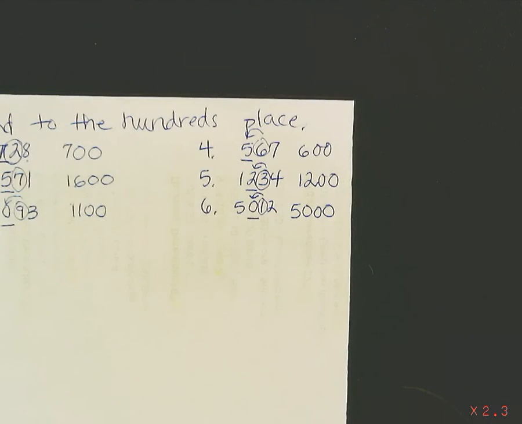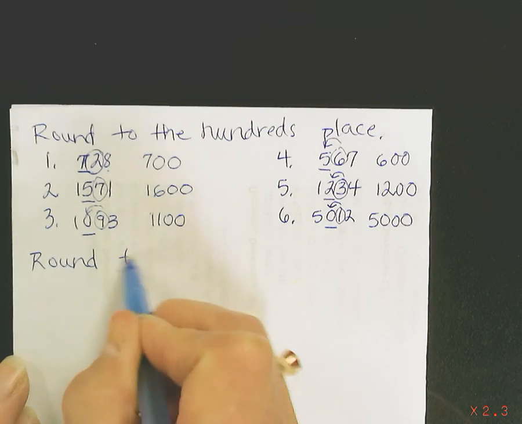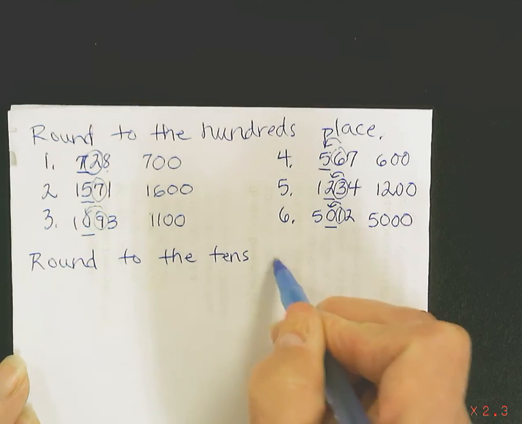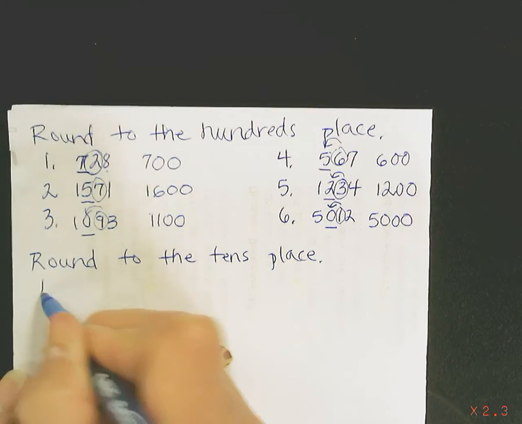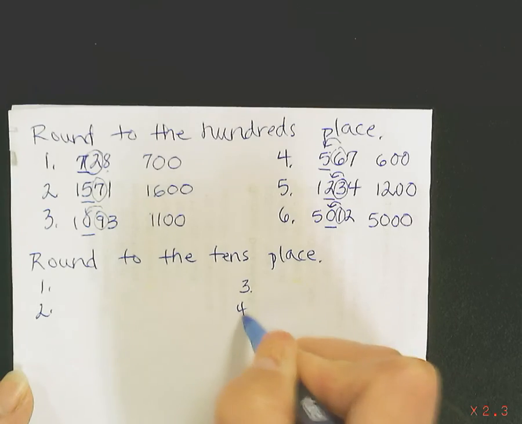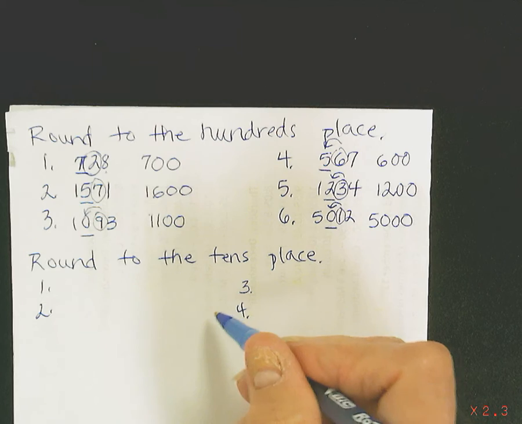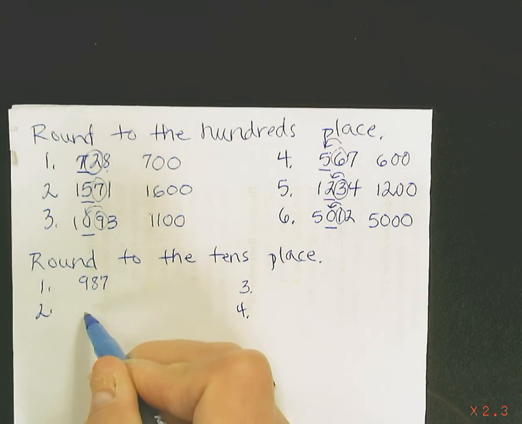Okay? All right, here are your next set of instructions. Now we're going to round to the tens place. And we're only going to do 4 of these examples. I'll do 2 with you, and then you do 2 on your own. So here are the numbers you need to write down. The first number is 987.